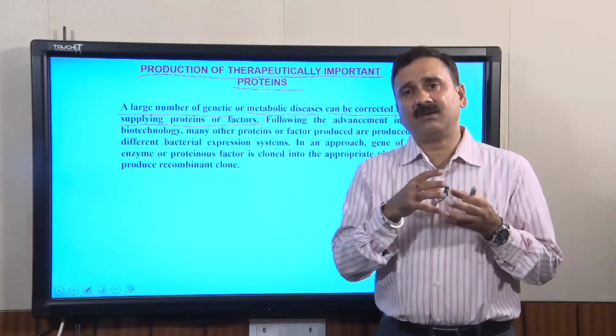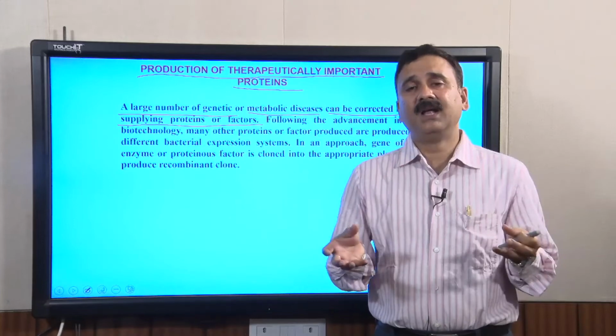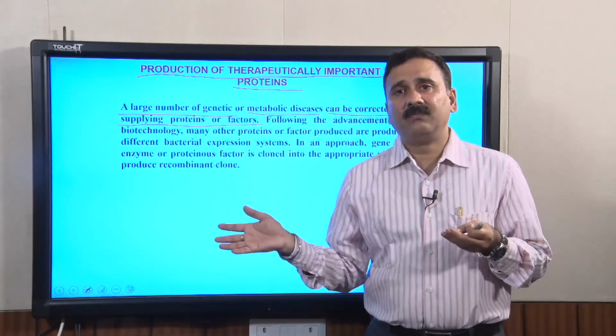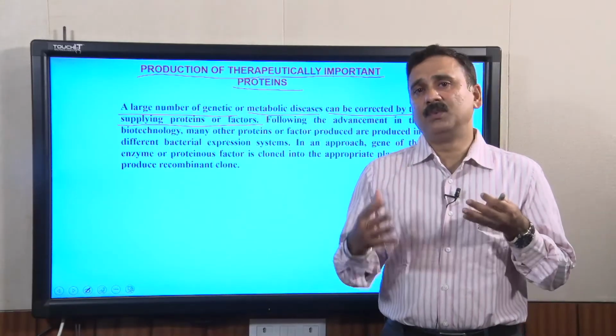On top of this, these metabolic reactions are controlled by cell surface signalings, and these cell surface signalings are in turn regulated by the different types of hormones produced within the host.